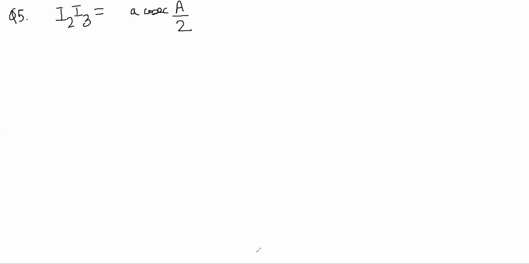That's quite interesting. A cosec A by 2 is equal to B by 2.